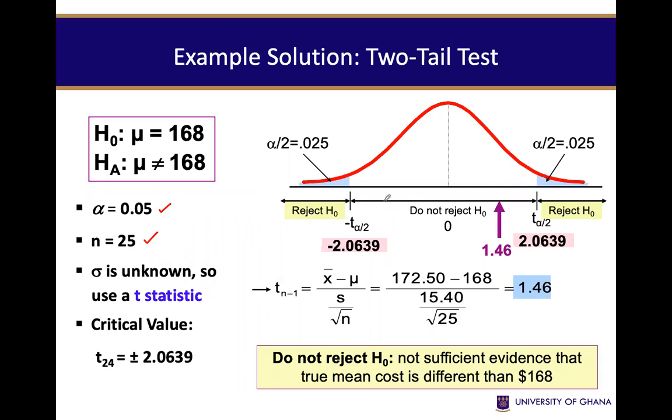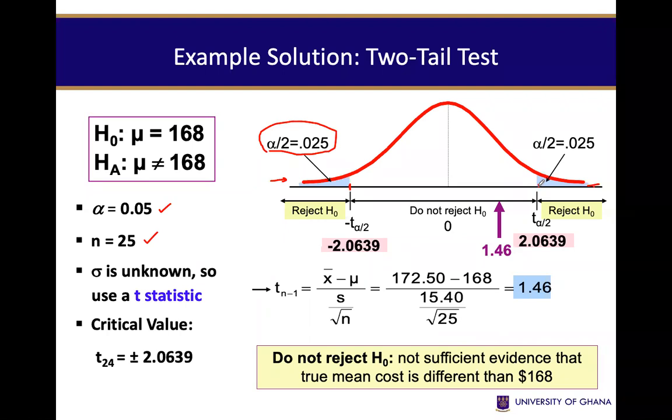Because it's a two-tailed test, it's bi-directional. We don't know the direction yet, so it can either be on the left side, less than $168, or more than $168. So we share the level of significance among the two parts, and you'll be interested in those two parts.